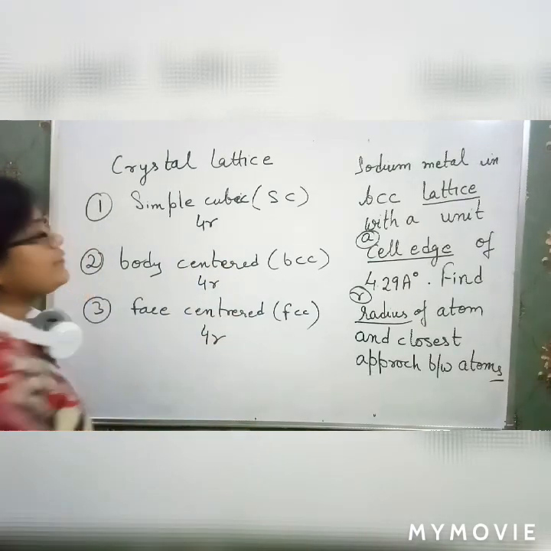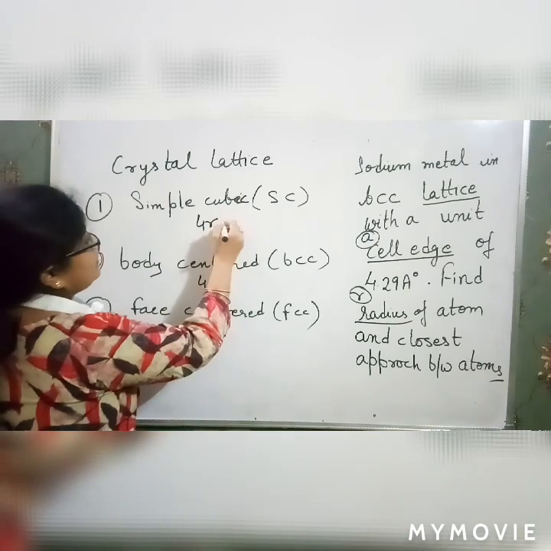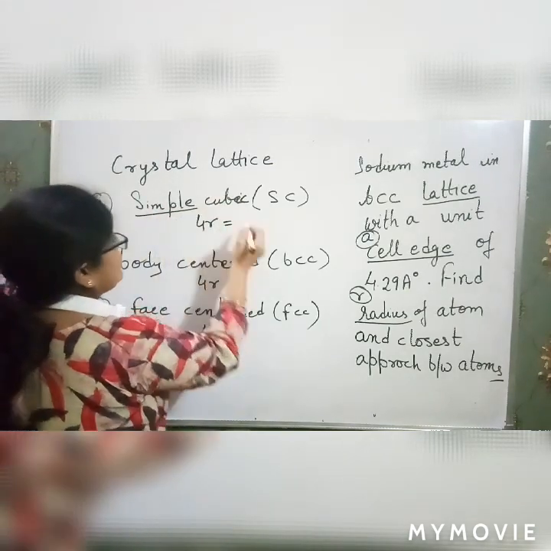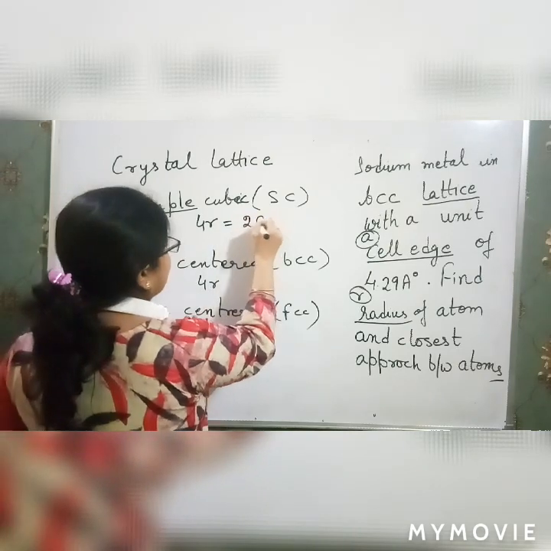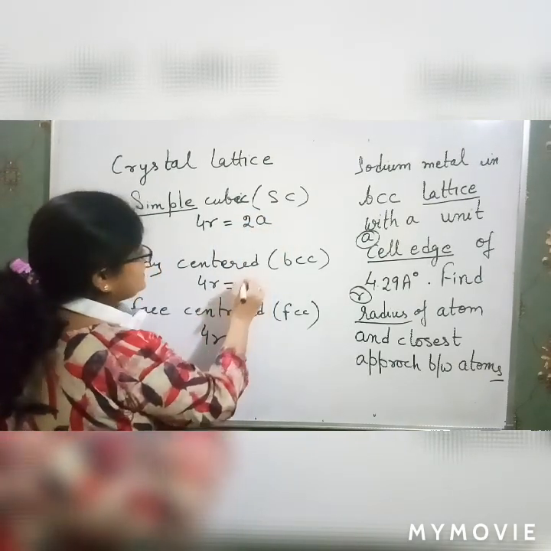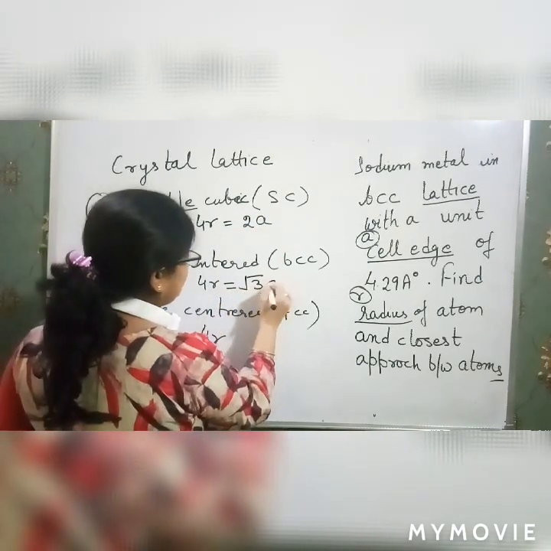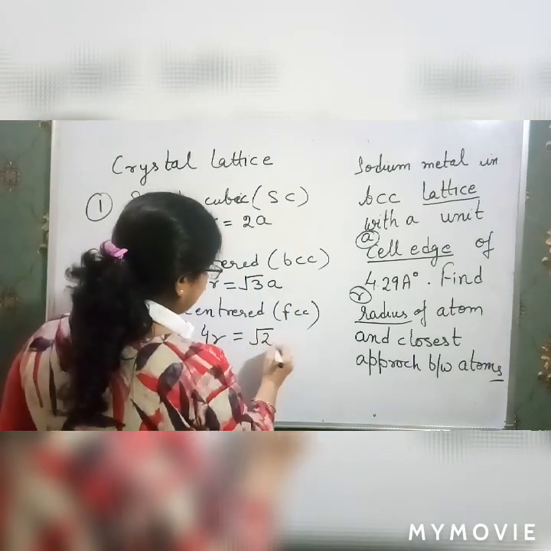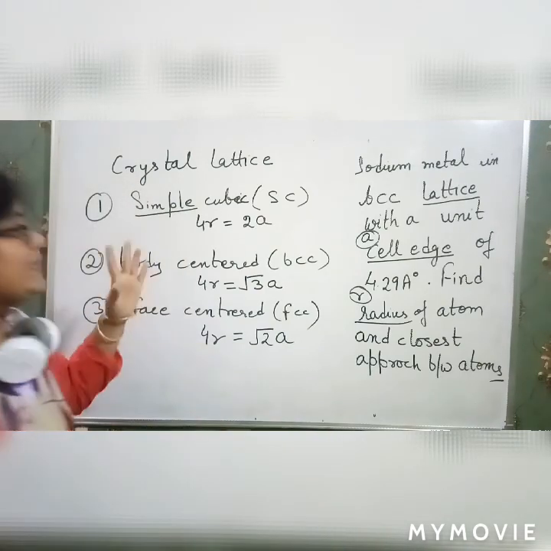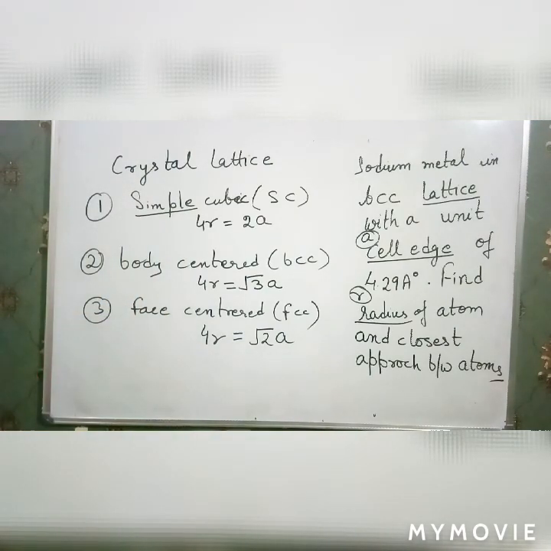That means 4 times the radius is equal to, in case of simple cubic, 2a. In case of body centered, we have under root 3 a, and in case of face centered, we have under root 2 a.